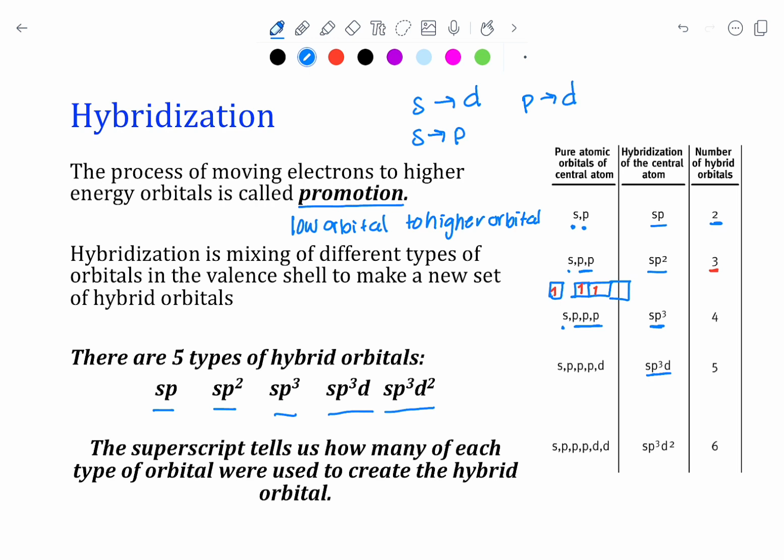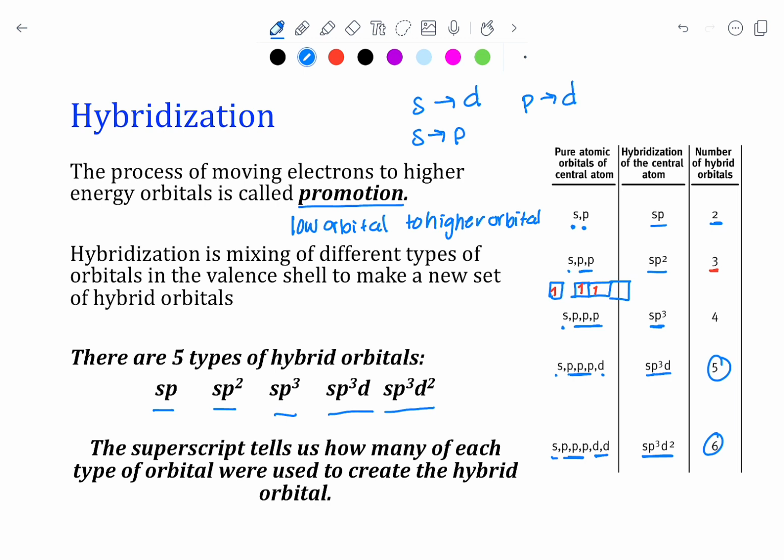And this just means that my electrons that are forming bonds are coming from an s orbital, three p orbitals, and a d orbital. And I create 5 of those orbitals. Our last type of hybridization is sp3d2. Okay, so that's coming from one s orbital, 3 p orbitals, and 2 d orbitals. And I make 6 of those hybrid orbitals.